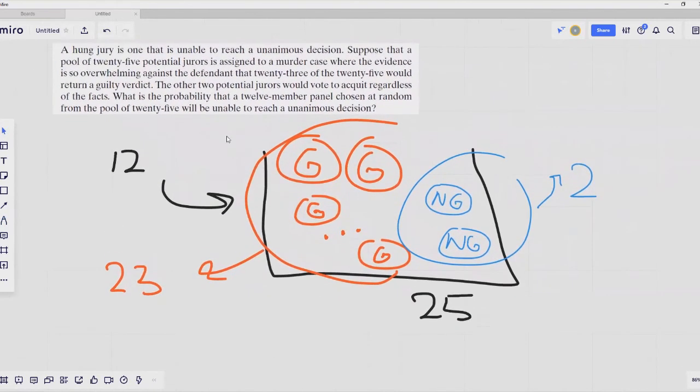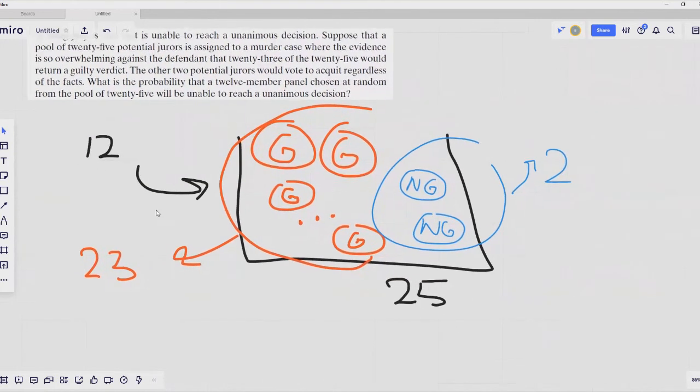What is the probability that a 12-member panel chosen at random from the pool of 25 will be unable to reach a unanimous decision?